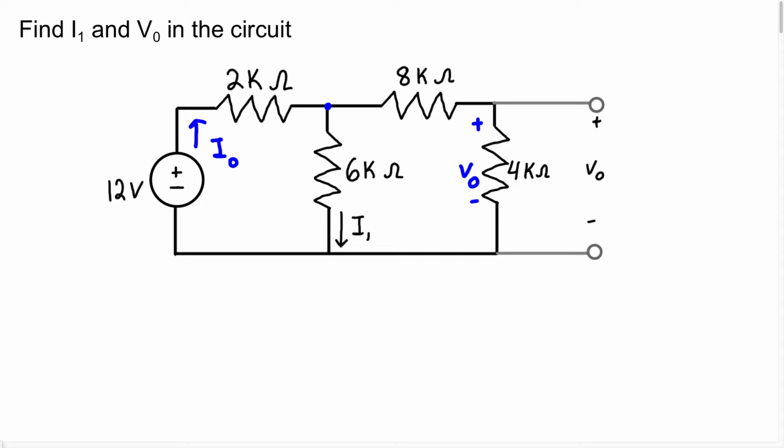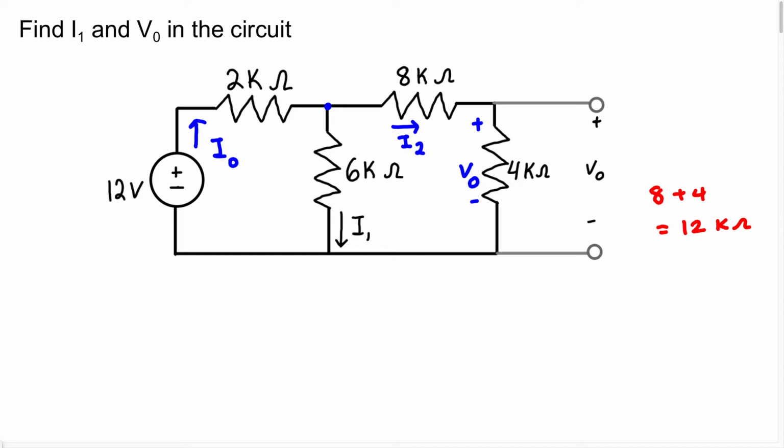It can go down this 6K resistor, which they labeled as I1, and the current can also go this way, and we can label that current as I2. And we know this current I2 is going to be the same in this 8K and this 4K resistor. Therefore, these two resistors are in series, so we can just add them. 8 plus 4 gives us 12 kilo ohm.